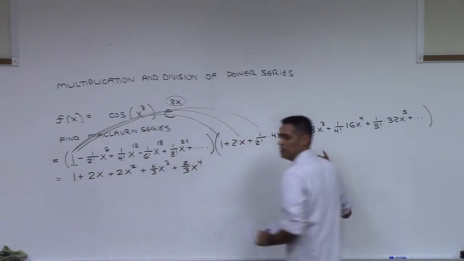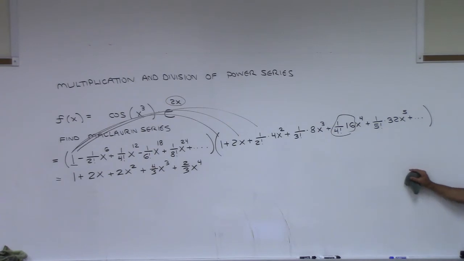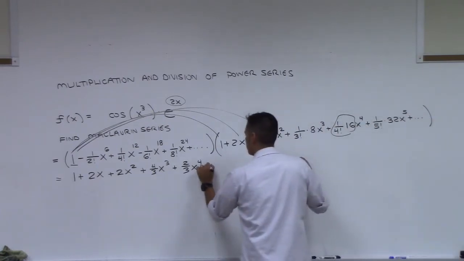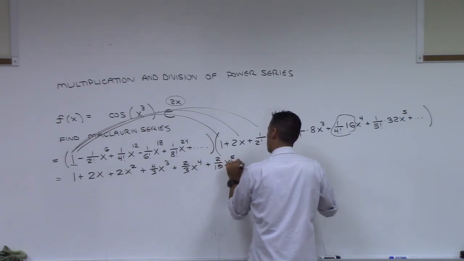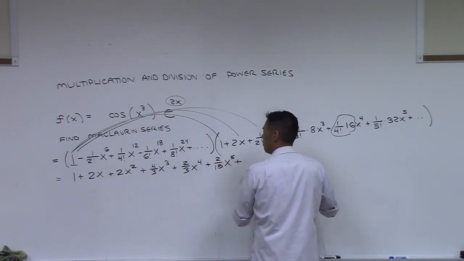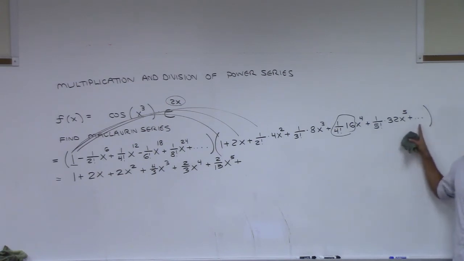Do you all know what I'm doing there? It's just some arithmetic to figure out what that is. This one should be 2/15, if I'm not mistaken, plus 2/15 x to the 5th, plus. I'm just going to say plus, and I'm going to stop because that's where I stopped here.